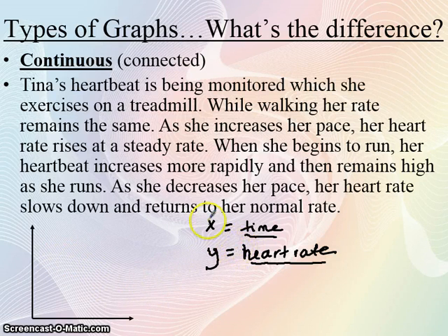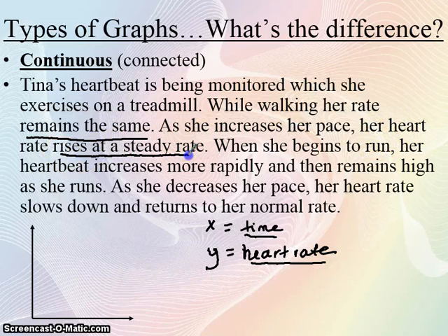So if we pull out our important information, we can create a connected graph to represent the time and the heart rate. So it says Tina's heartbeat is being measured while she exercises on a treadmill. While walking, her rate remains the same. As she increases her pace, that's talking about pace, her heart rate rises at a steady rate.